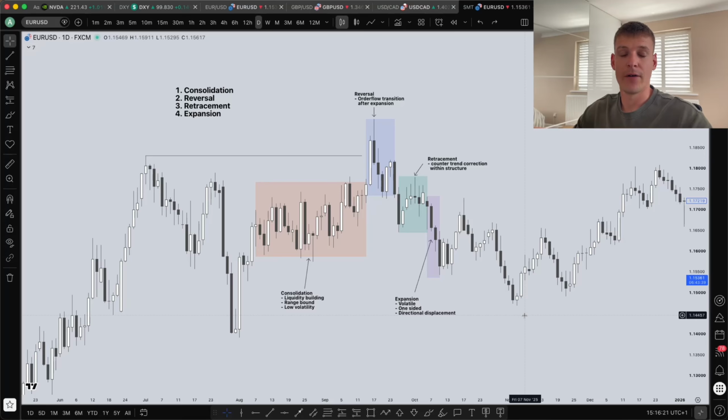Next up, you then have the final expansive phase, where this is a volatile move and it's one-sided, and it's where price displaces with direction.